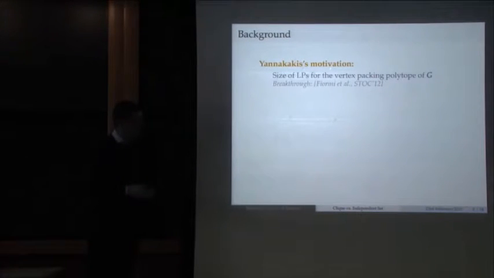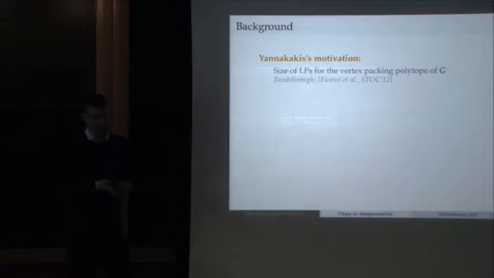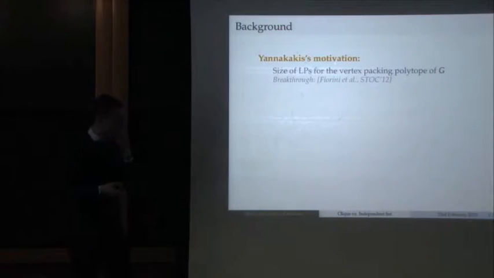And in connection to this study, he found this clique-independence problem in connection to the complexity of expressing what are called vertex packing polytopes for this graph G. So vertex packing polytope is just the convex hull of the characteristic vectors of all independent sets.